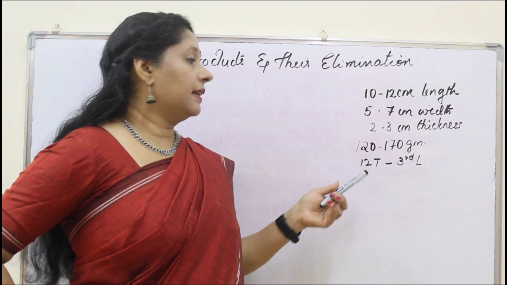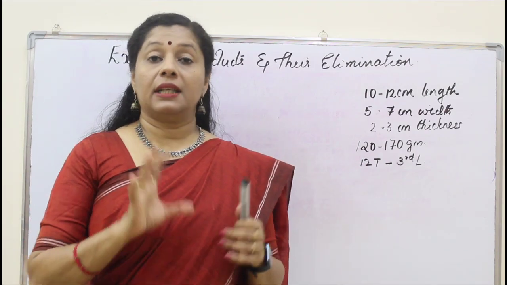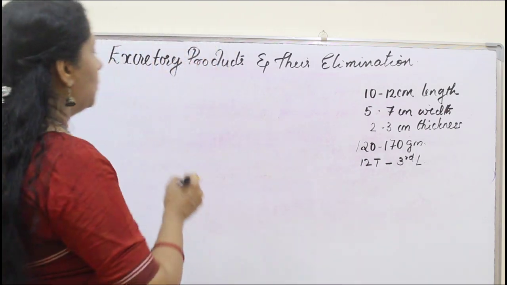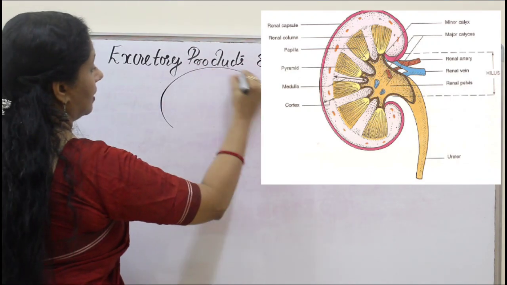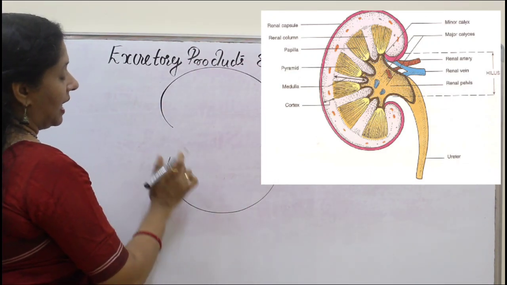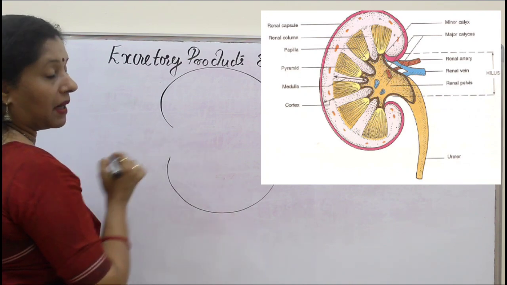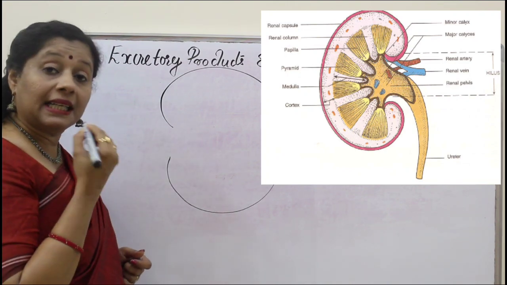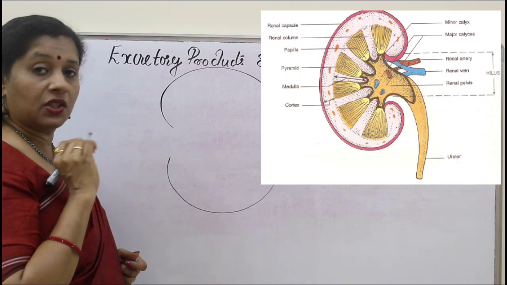Okay, then when we talk about the structure of a single kidney, you know that a kidney has the structure of a bean, right? So here this is the structure, and here is a notch shaped part, that is called a hilum. Even in the case of seeds we use the same terminology, hilum.